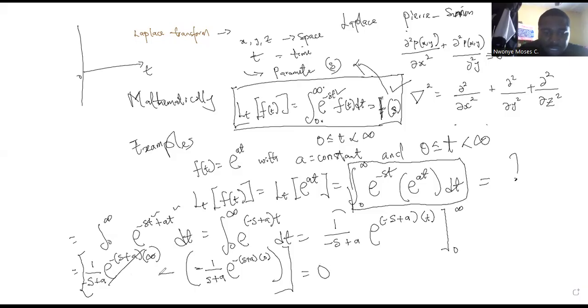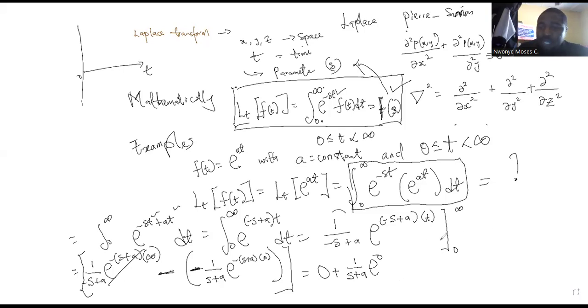Now I have negative here, I have negative here. So negative multiplying negative, I'm going to have plus. That's plus, right? Now, 0 multiplied by anything over here is still going to be 0. So here I'll be left with 1 all over s plus a exponential 0.